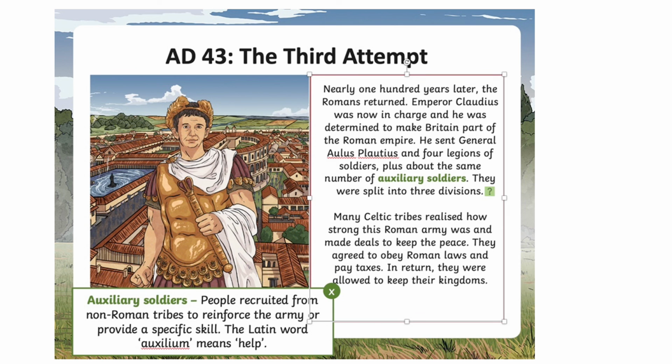Many Celtic tribes realised how strong this Roman army was and made deals to keep the peace. They agreed to obey Roman laws and pay taxes. In return, they were allowed to keep their kingdoms.